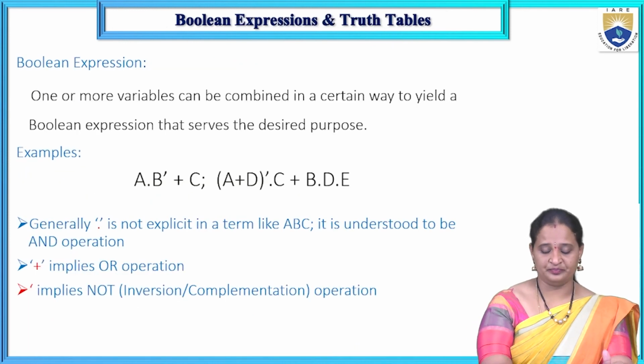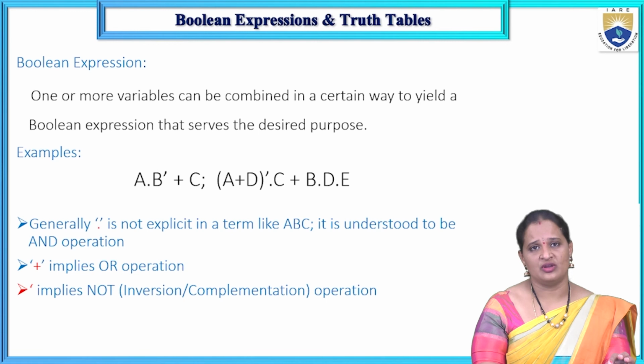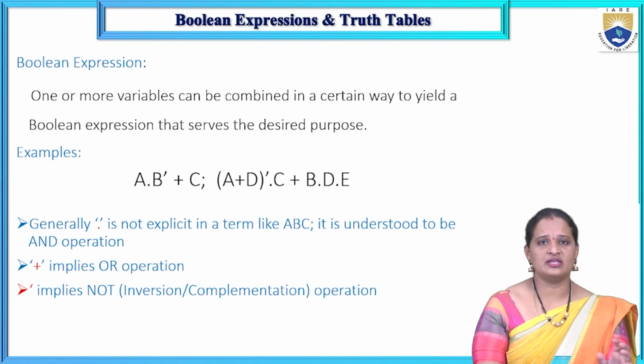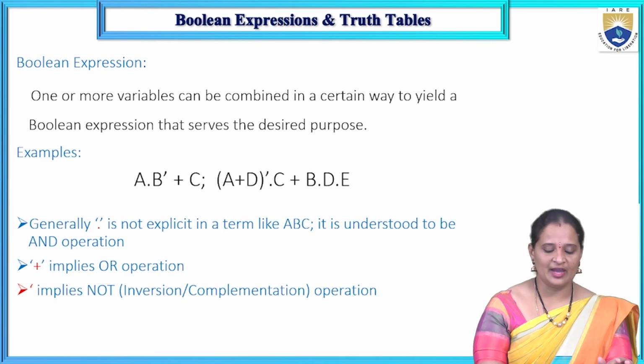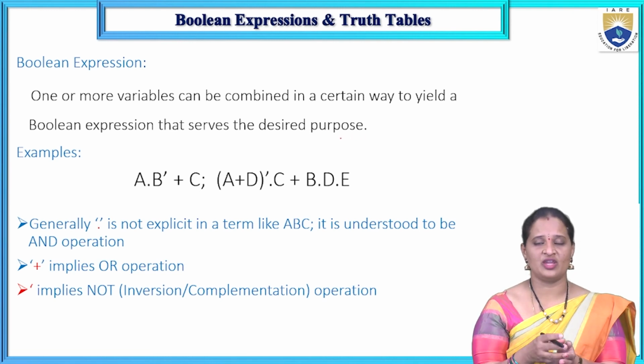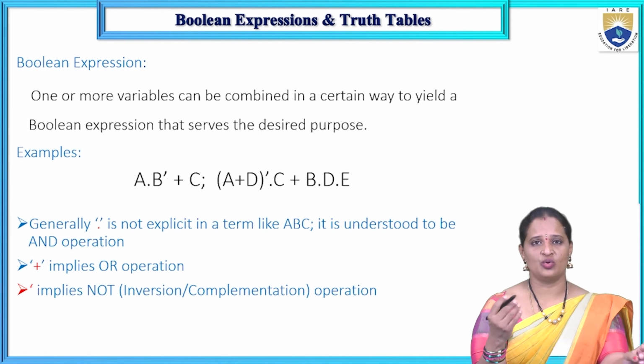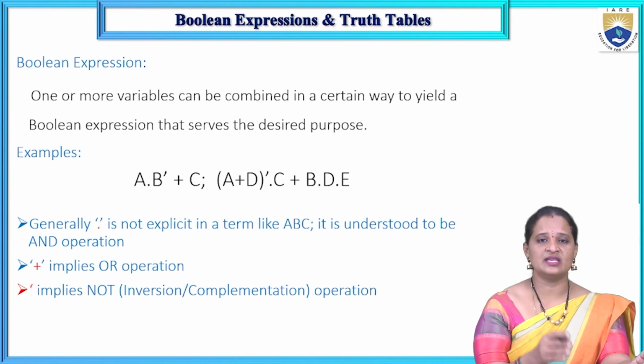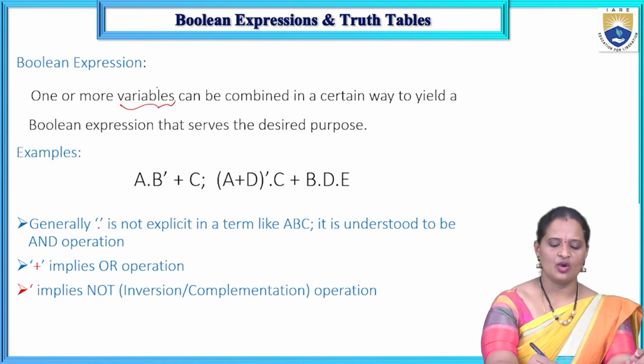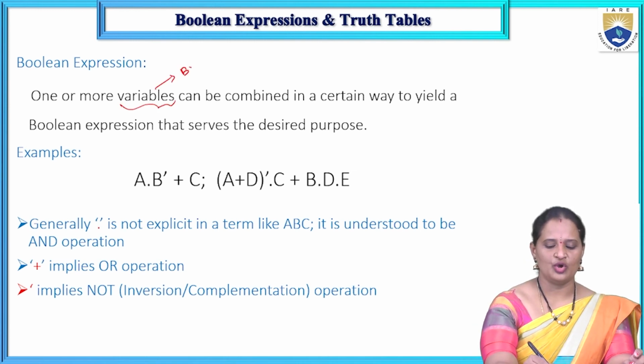And now, what is a Boolean expression? A Boolean expression is one or more variables combined in a certain way to serve a desired purpose. What kind of variables do we need to use?